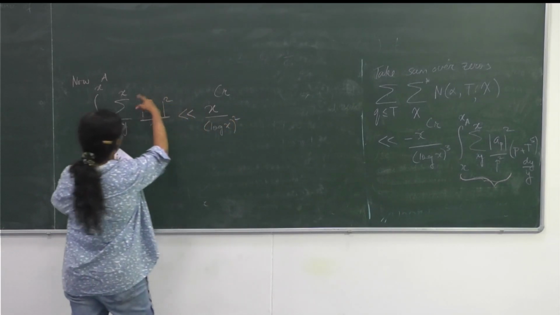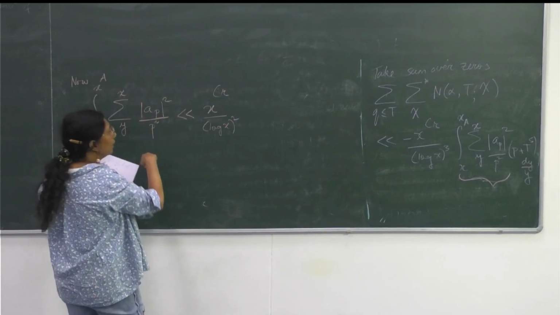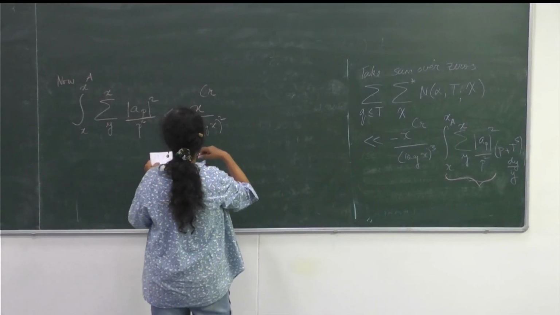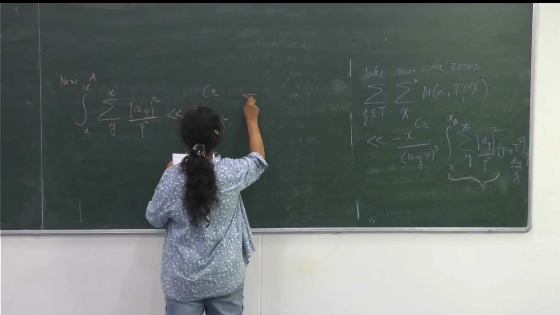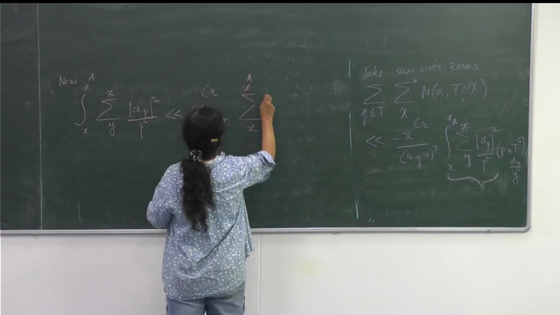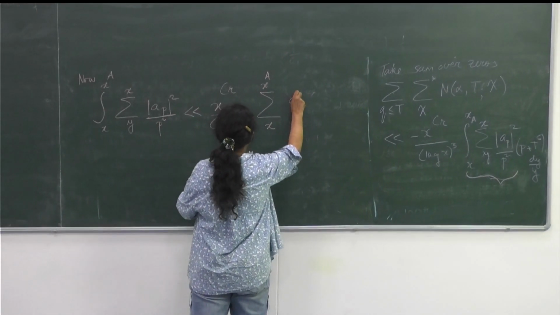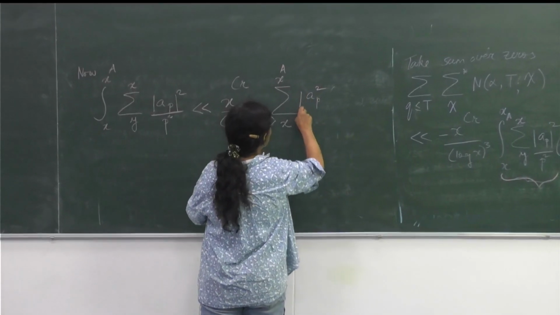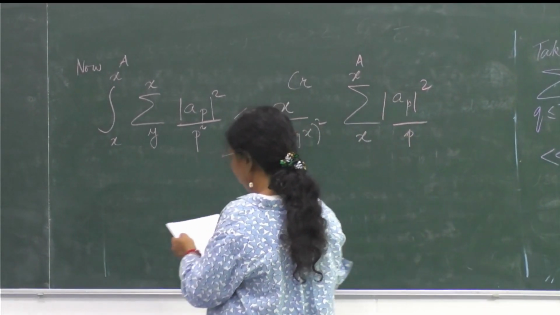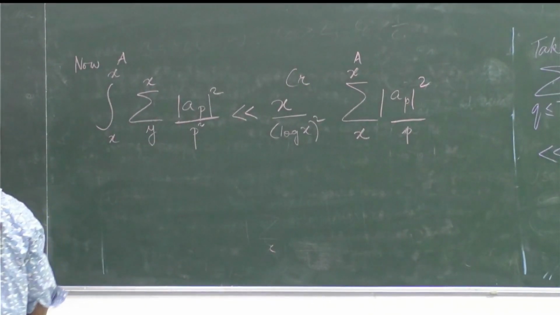And then this part AP square by P. I'm interchanging AP square by P. And when does this happen?